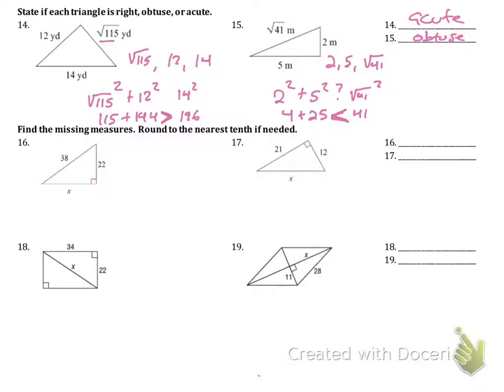All right, find the missing measures, round to the nearest tenth if needed. So I'm looking for x, but look, this is just a triangle, and I'm given all three sides.